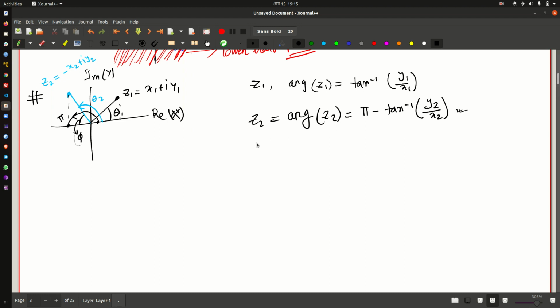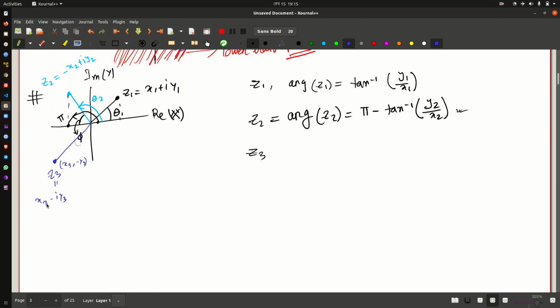Similarly, if you have another number in this quadrant, let's say this is z3, you can easily guess that here x3 is positive, however y3 is negative, right? So it has the form x3 minus iy3.